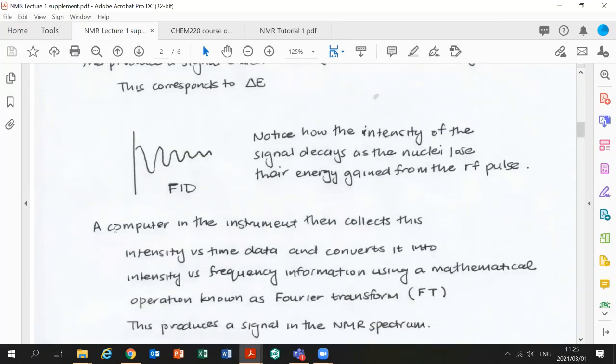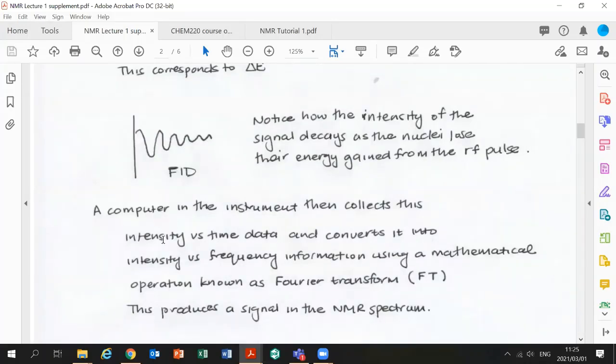Now, a computer in the instrument collects this data, and this is generally data that we collect, which is intensity versus time data, right? So the intensity of the energy of the signal over time, what happens to it. And that computer converts that intensity versus time data into intensity versus frequency data.